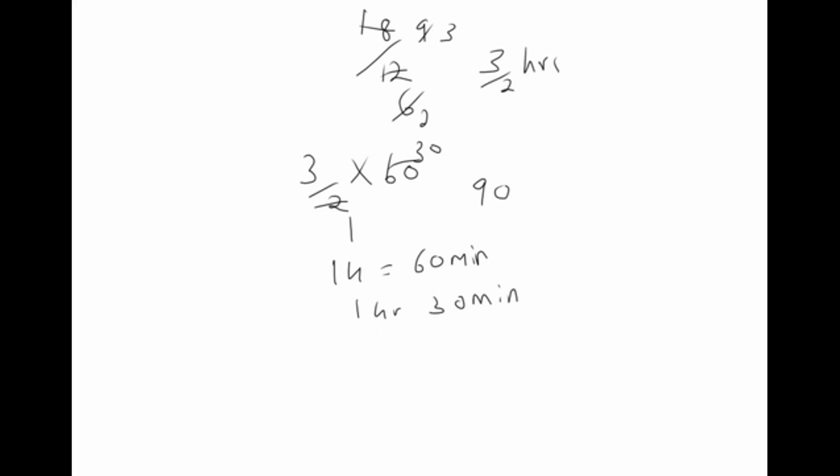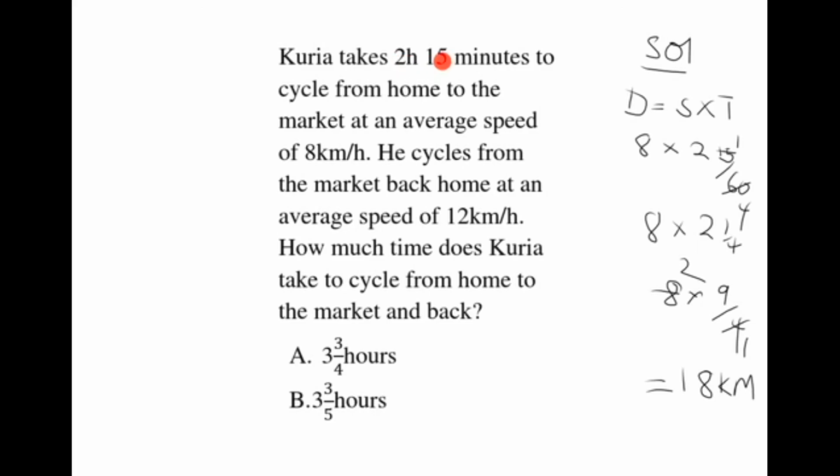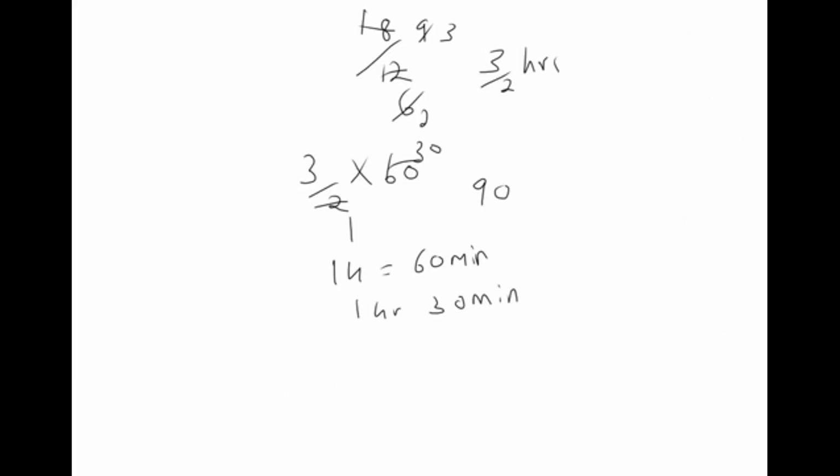Therefore, the time taken is these 2 hours and 15 minutes plus 1 hour and 30 minutes. 5, 4, 2 plus 1, 3. 3 hours and 45 minutes. 45 minutes, convert them into hours. 45 over 60.